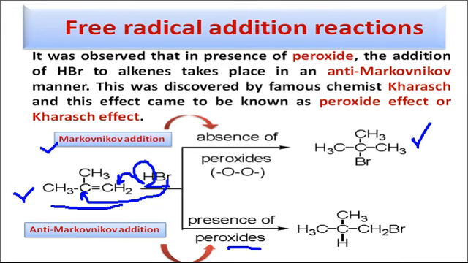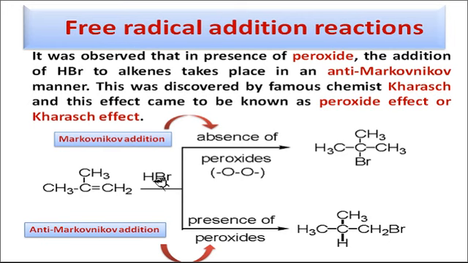But what happens when this reaction is carried out in the presence of peroxide? It was observed that in the presence of peroxide, the addition of HBr to an unsymmetrical alkene takes place in an anti-Markovnikov manner. This was discovered by the famous chemist Kharasch, and this effect came to be known as the peroxide effect or the Kharasch effect.